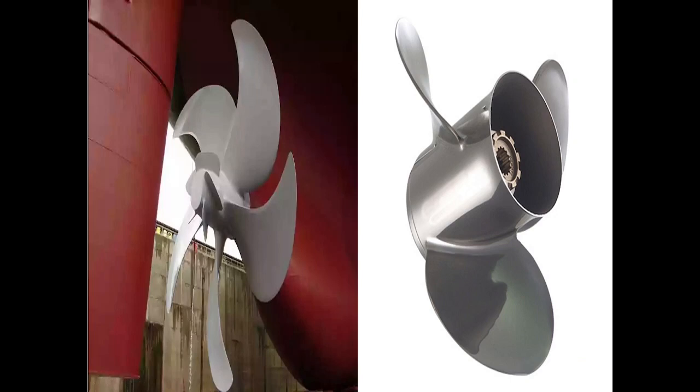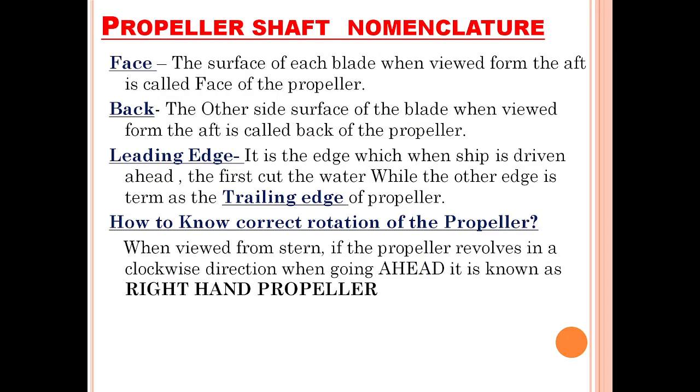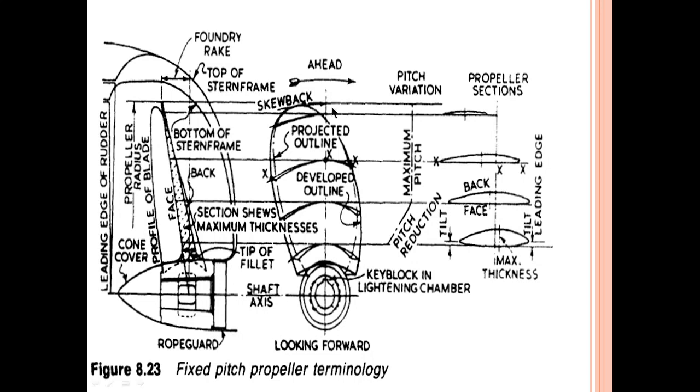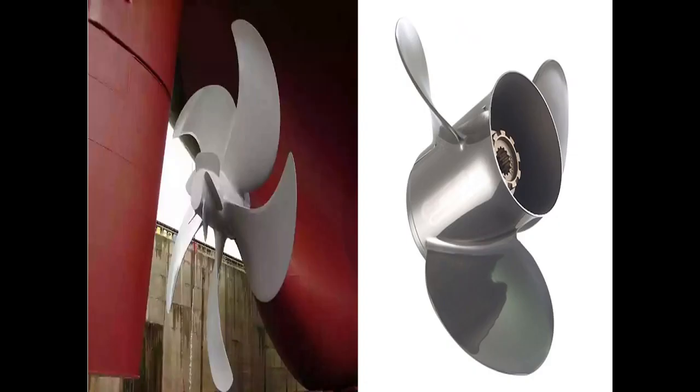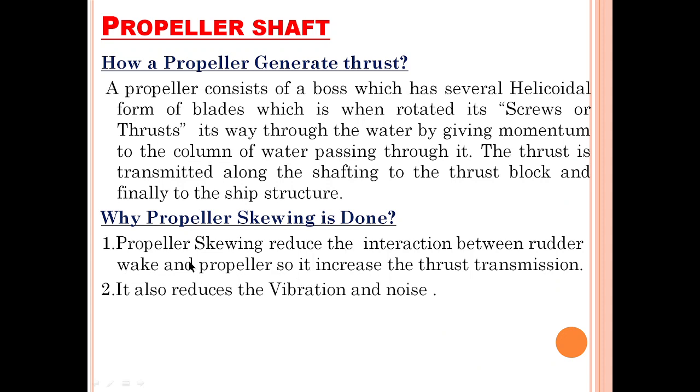Skewing means we are twisting the blade of the propeller a little bit in an offside direction, from the center line, making it off center. As we make it off center, we have seen that it reduces the interaction and reduces the rudder wake.